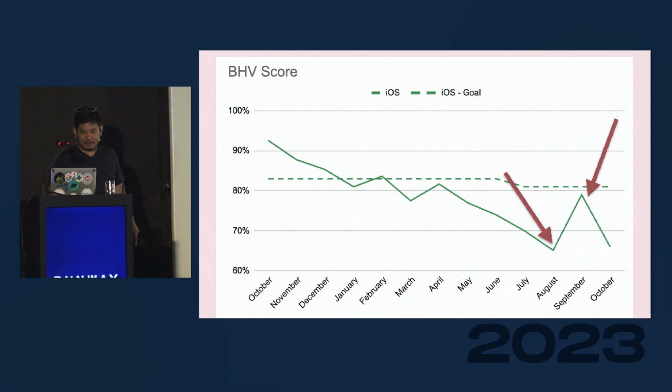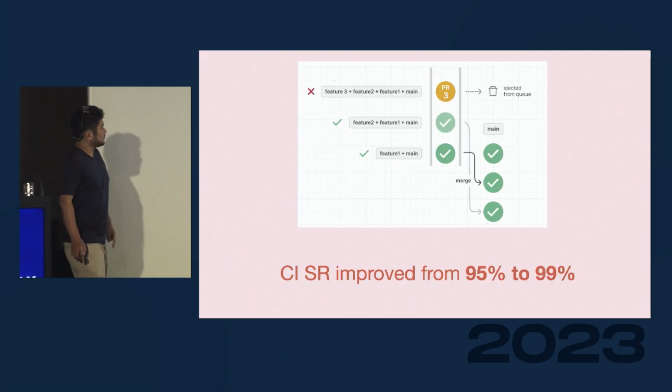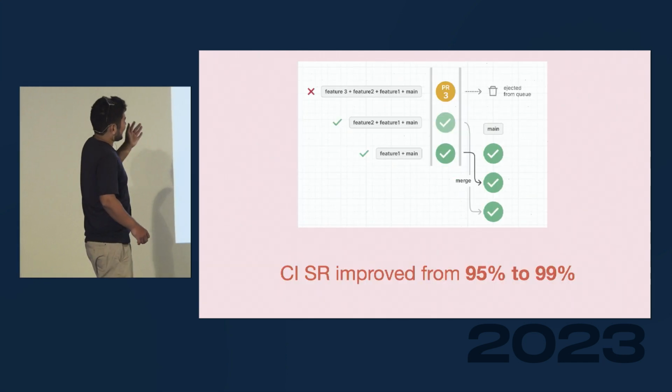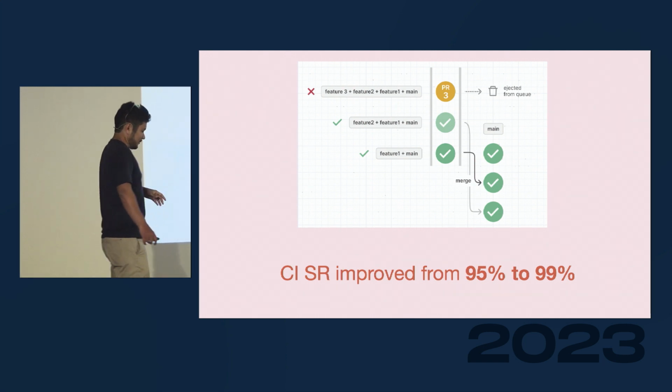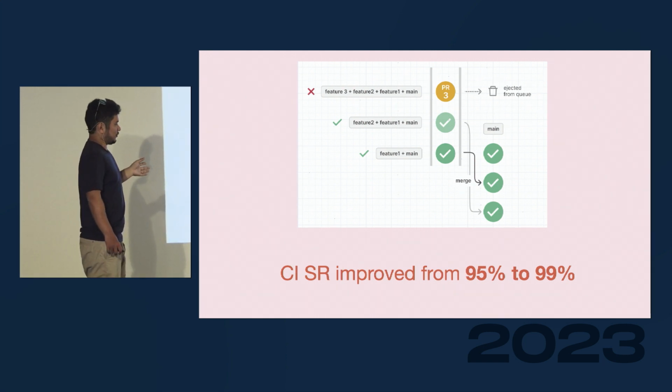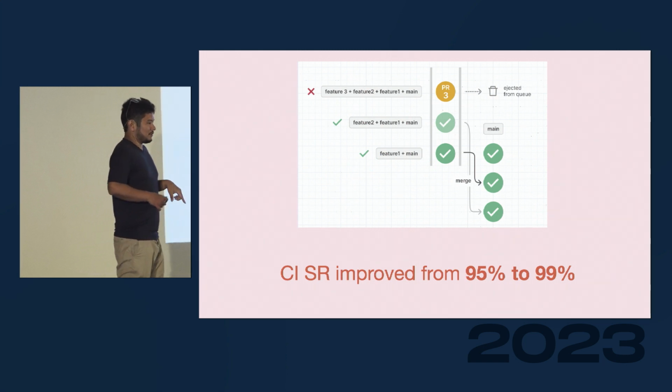What happened there is that I tried to find a nice graph for this, but I'm not sure if people can understand this. This is basically the concept of merge queue. Merge queue is a mechanism to land code safely when you have many people contributing to the same repository.